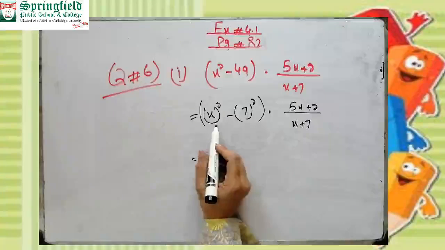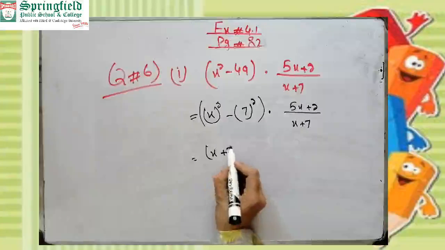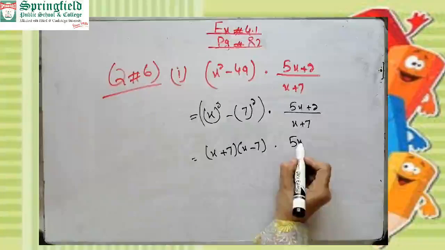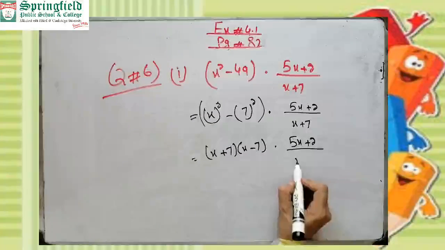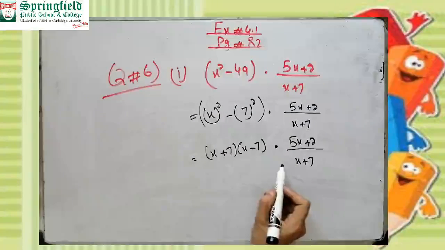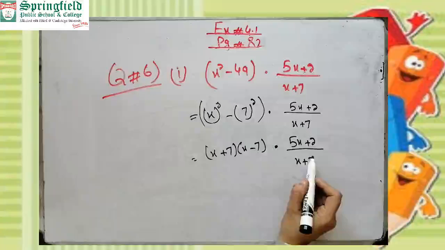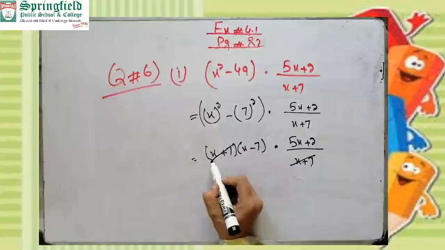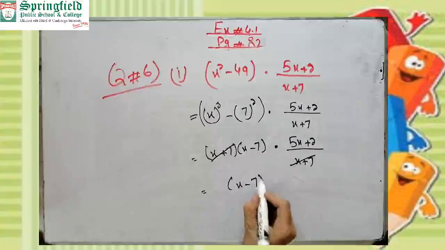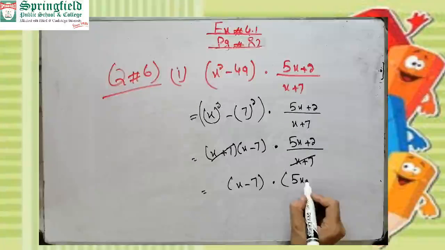During multiplication we can use the cancellation property. It means x plus 7 can be cancelled with x plus 7. So just x minus 7 is left here, and x minus 7 will multiply with 5x plus 2.